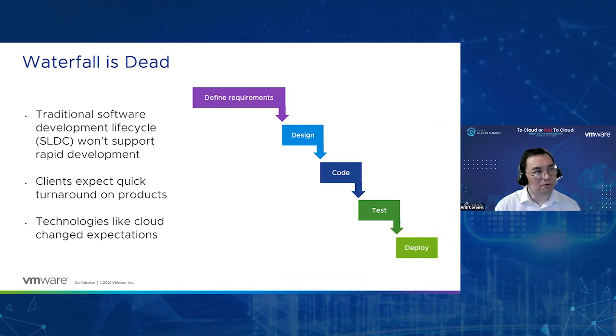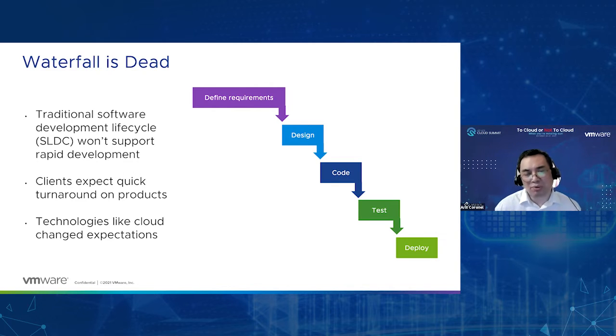As you know, waterfall is one of the application development methodologies, pero no one is using it anymore. It used to work in environments where quarterly or monthly releases were the norm. However, of course, times have changed.